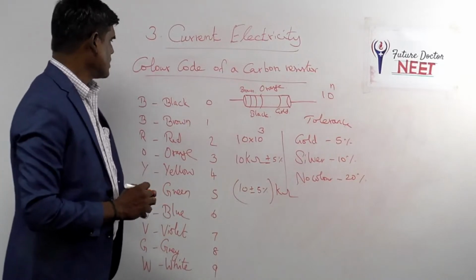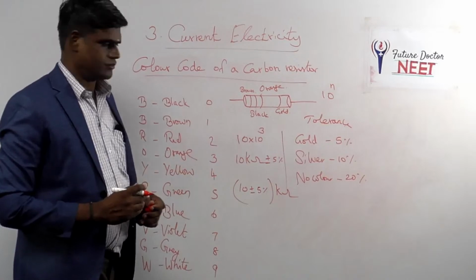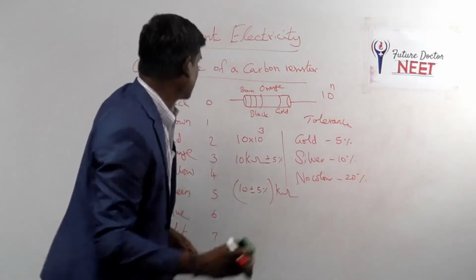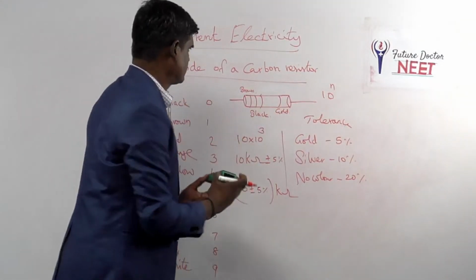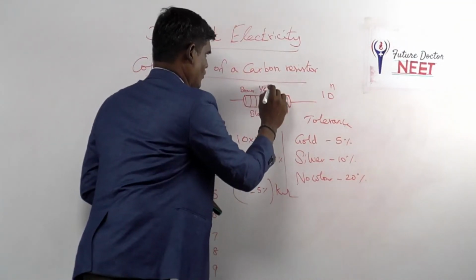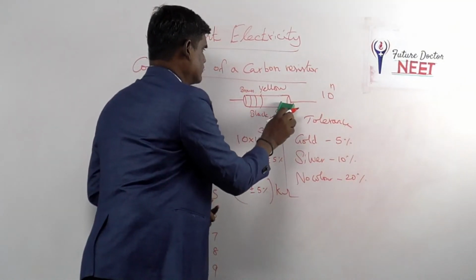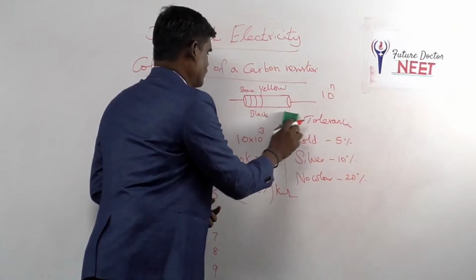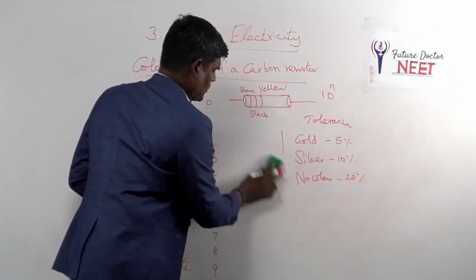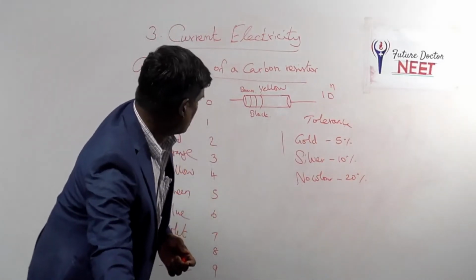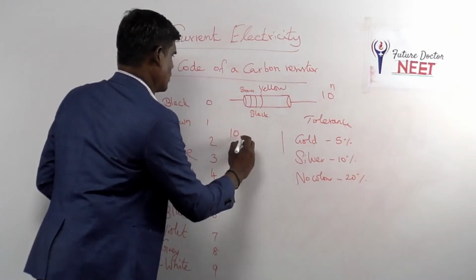Okay. Suppose instead of orange, yellow. Instead of orange, the last one, other things same. Instead of orange, if it is yellow. And instead of gold, no ring. Then what's the value? Come on, say. What's the value of the resistor? Brown, same one, next 0, into yellow.